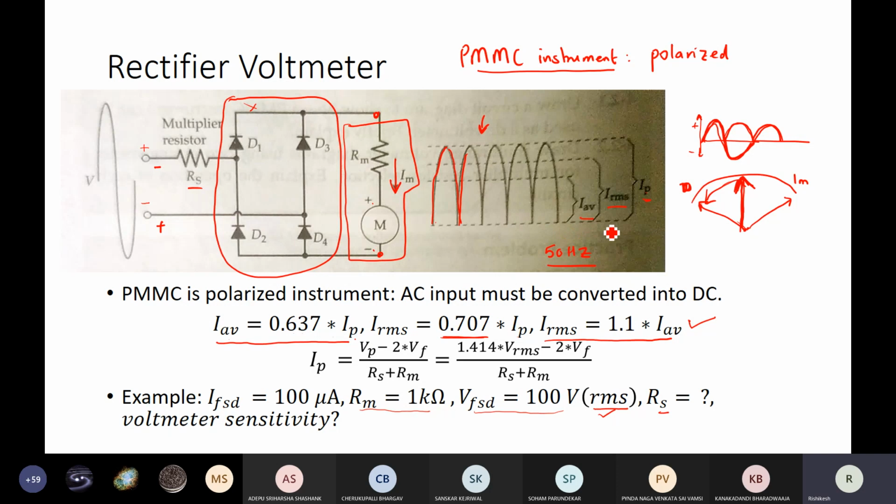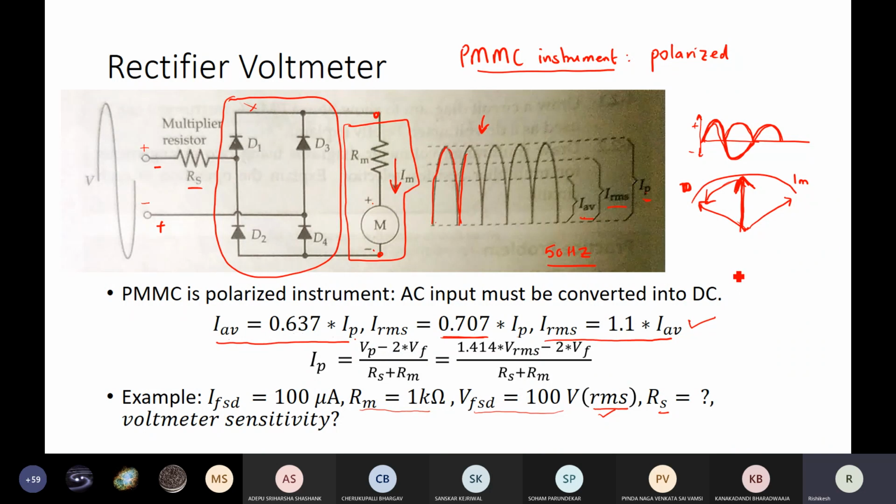Even though it will respond to the average value of the supplied current, it should withstand the peak value. So all the calculations in this case must be done considering the maximum or peak voltage.